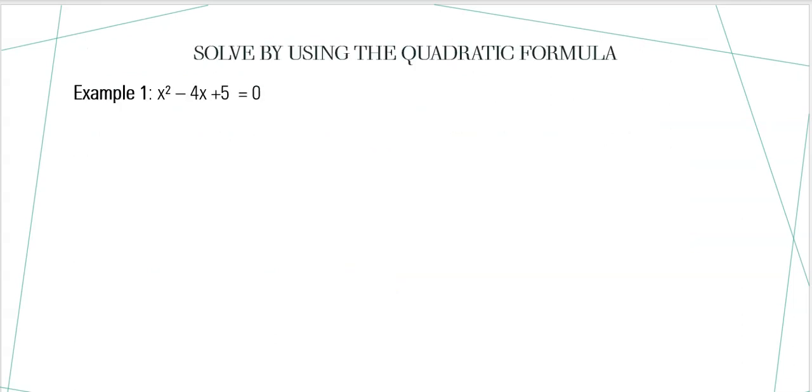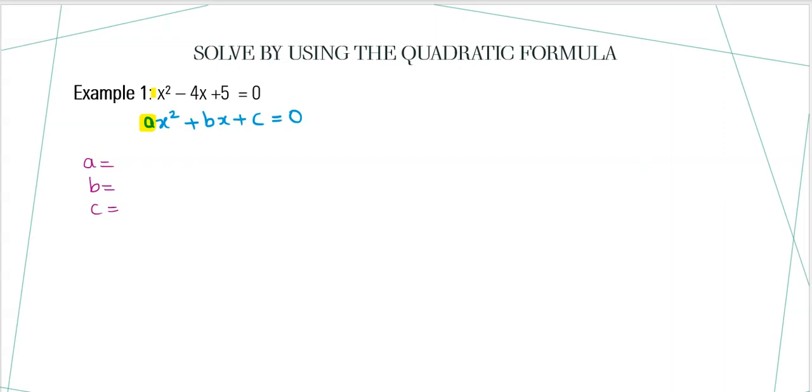For instance, suppose we have this equation x square minus 4x plus 5 equal to 0 and we have to find its solution. So first of all, comparing this equation with the standard form, which is ax square plus bx plus c equal to 0, we have to find the value of a, b and c. So you can easily see from the standard form that a is the coefficient of x power 2.